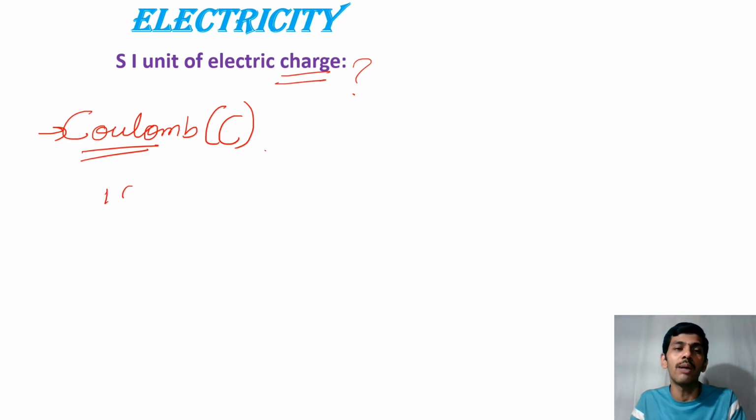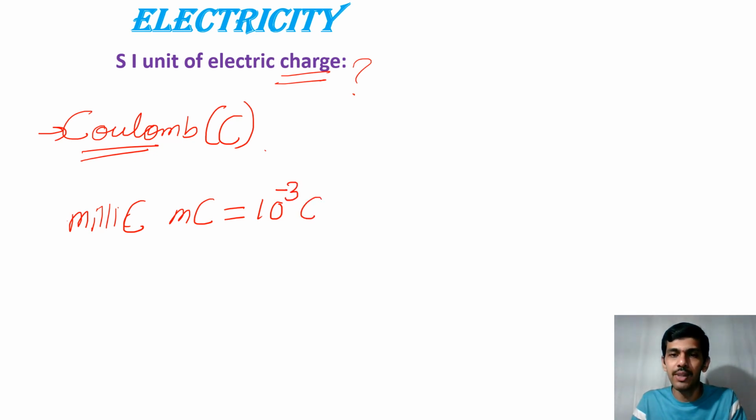For example, 1 coulomb of charge is a very large unit. How do we denote smaller units of charge? In order to represent smaller units of charge, we use other terms. For example, we use millicoulomb, or mC, which is equal to 10 to the power minus 3 coulomb.